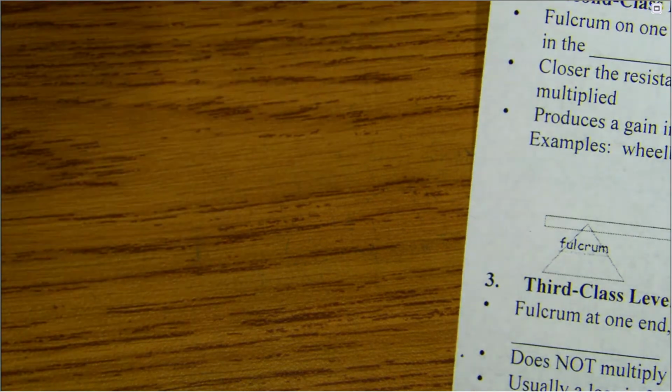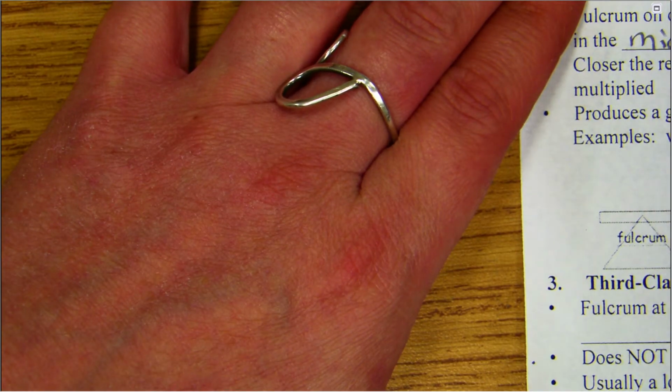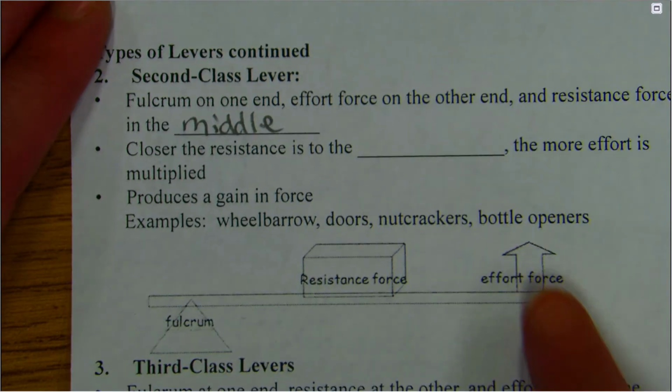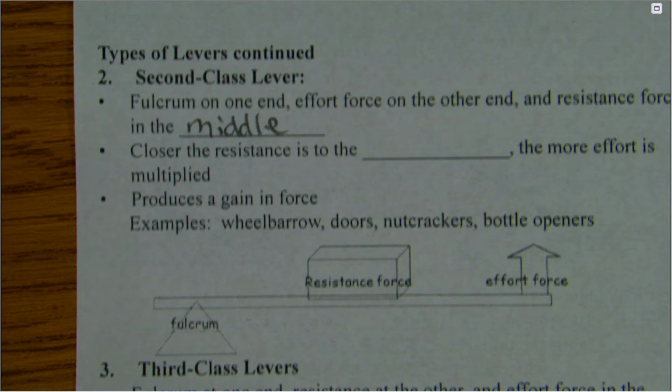All right, a second class lever. For a second class lever, the fulcrum is on one end, the effort force is on the other end, and the resistance is in the middle, which you can see from my picture here. Again, this is not my picture. I cannot take credit for it. I borrowed it to use for educational purposes.